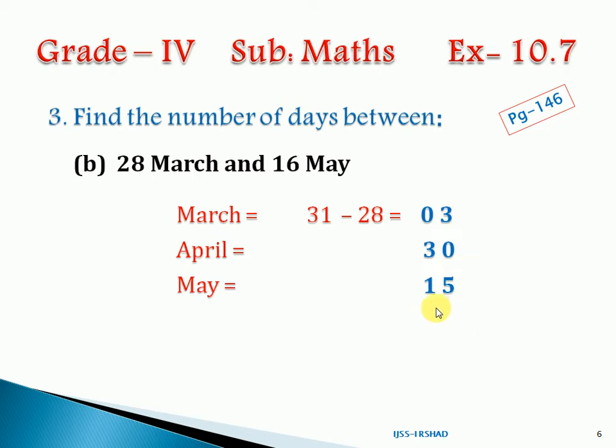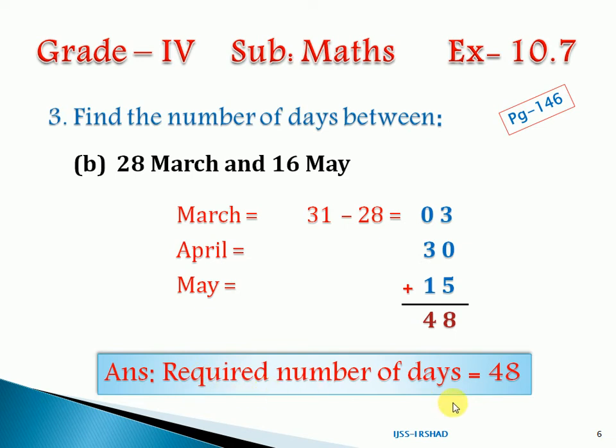For addition, just draw a line, put an addition sign in front of 15, then add it. 3 plus 5 will be 8, and again 3 and 1 will be 4. So 48 days. You can write your answer clearly like this: required number of days is equal to 48. That means the number of days between 28 March and 16 May is equal to 48.